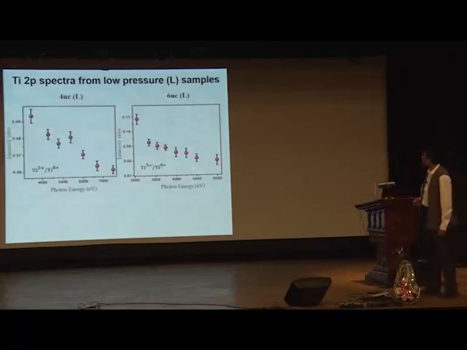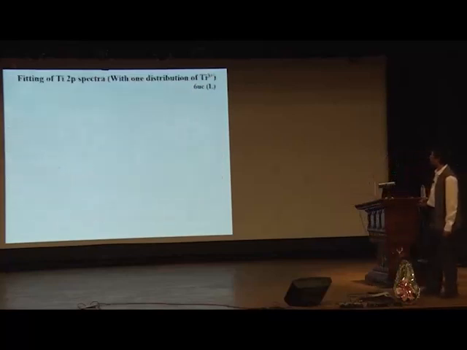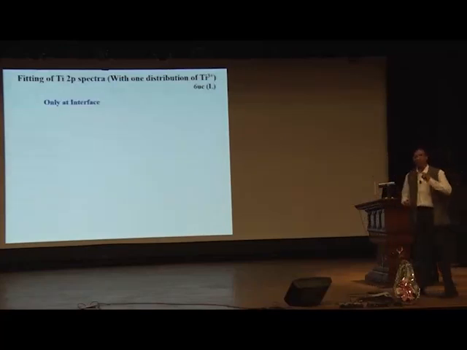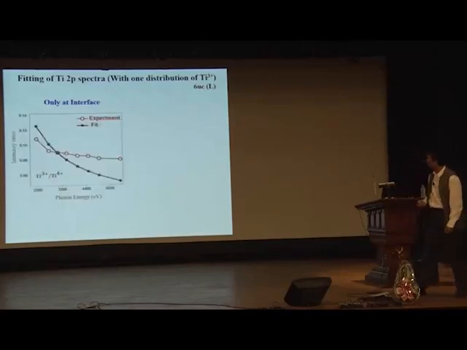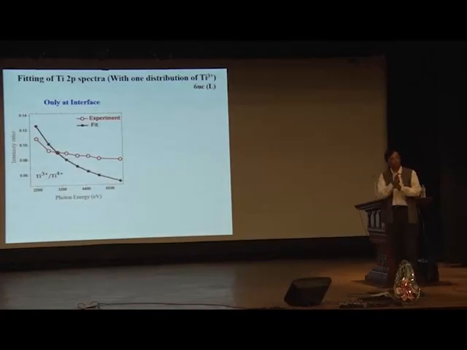It turns out that if I try to analyze the data assuming one distribution of charge density that can be of any width and any charge carrier concentration, but one end of it is tied to the interface, then the best fit of the experimental variation, which is this one, tells me that I cannot have one single charge distribution tied to the interface.